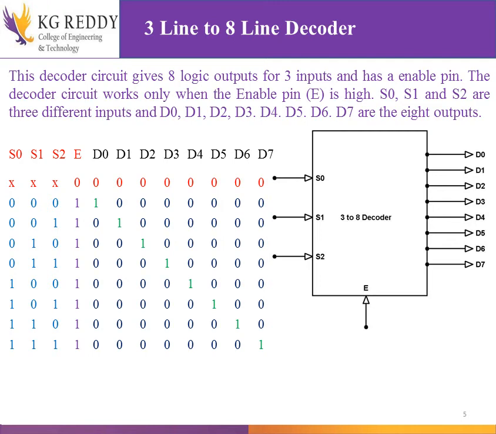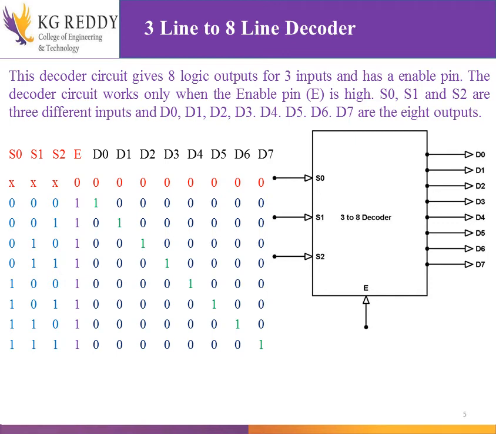If I provide the inputs 0 0 1, then D1 will be selected. If the inputs are 1 0 1, that means 5, then D5 will be selected.